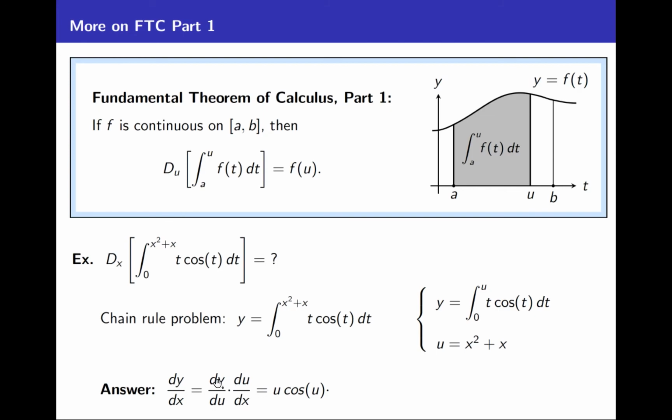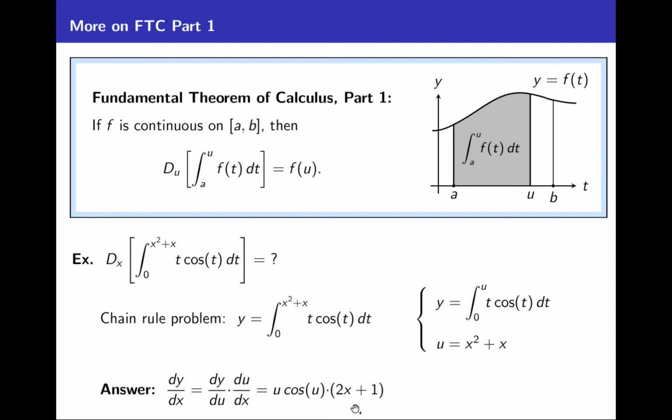First of all, the dy/du, the derivative of the integral from 0 to u of t cosine t dt, by part 1 of the fundamental theorem of calculus, that's just going to be equal to f of u, in this case u times cosine of u, then times du/dx, which is 2x plus 1. And we're almost done.